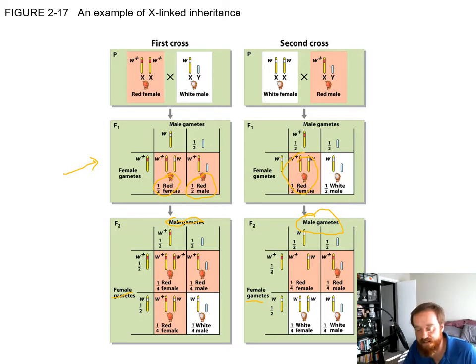So sex-linked inheritance, if the genes are on sex chromosomes, can also change the expected ratio of inheritance depending on if the male is red eyes or the female is red eyes, or vice versa, or a mixture of white and red.